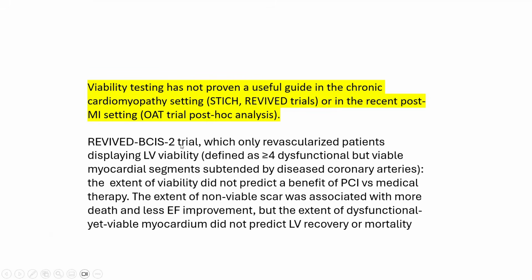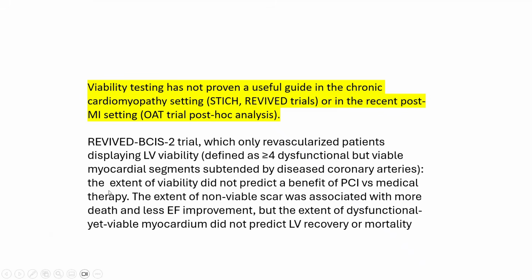The REVIVED BCIS2 trial only revascularized patients displaying LV viability, defined as global viability with more than 4 dysfunctional but viable myocardial segments subtended by diseased coronary artery.